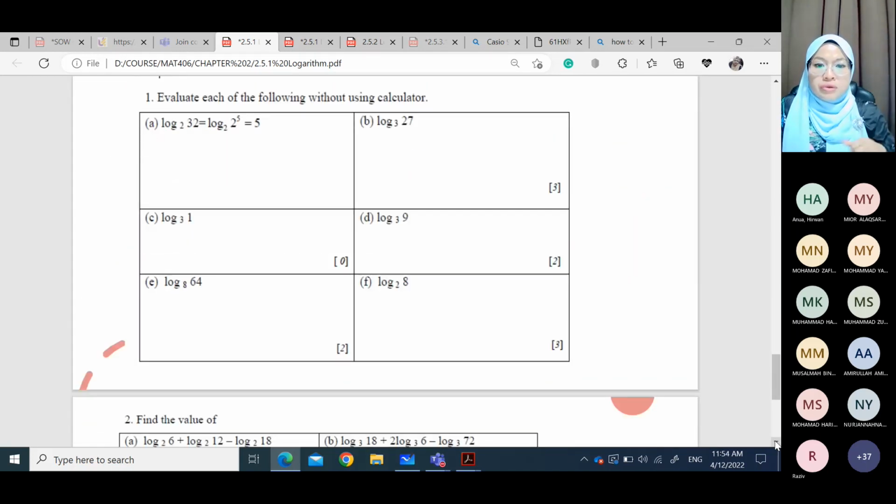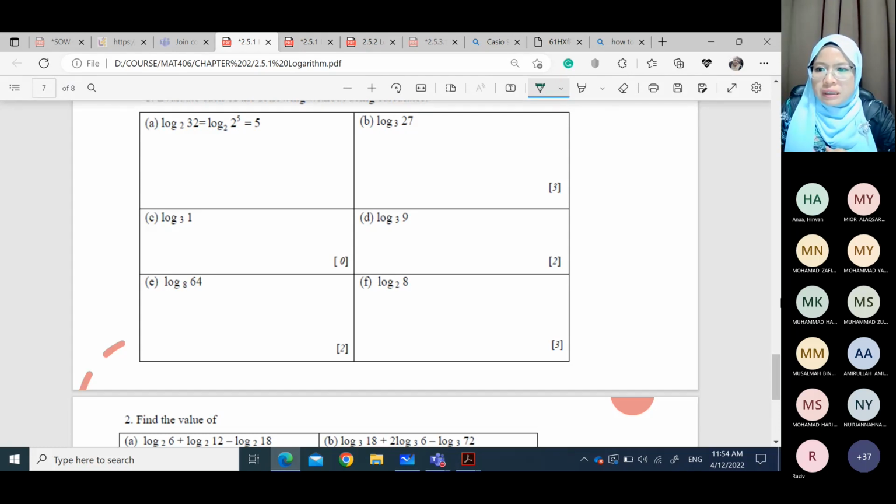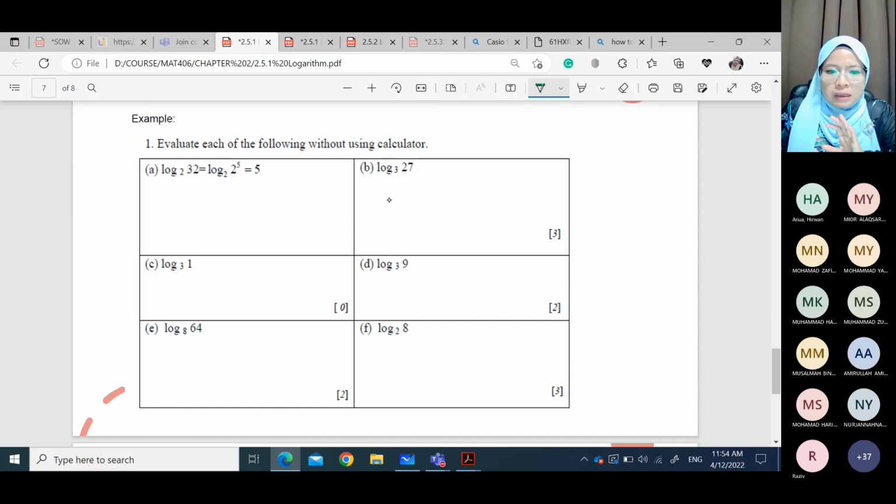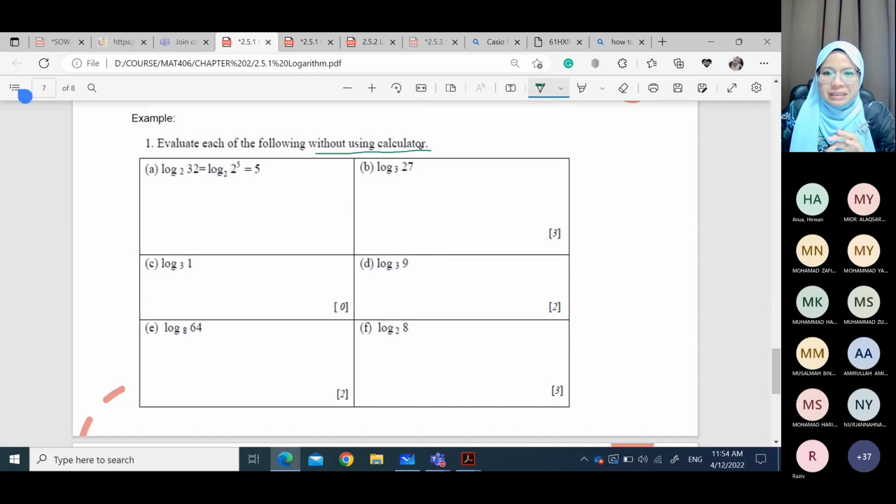Evaluate each of the following without using calculator. So bila dia kata without using calculator means that you need to show working out. So you kena tunjuk jalan kerja lah without using calculator. Okay. Alright, so kita tengok A. So we have log 2 32. Okay, log 2 32 it is equivalent with log 2. So 32 ni adalah base dia adalah 2 kuasa 5.